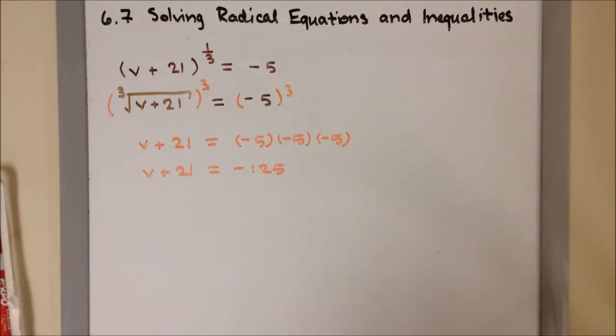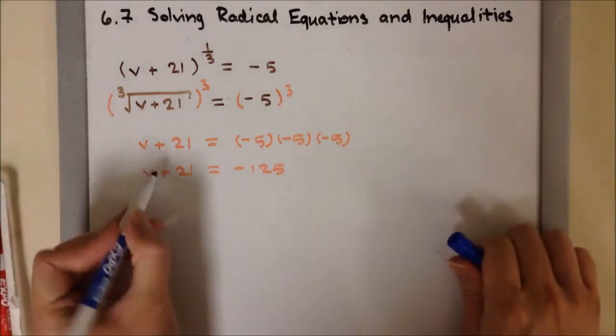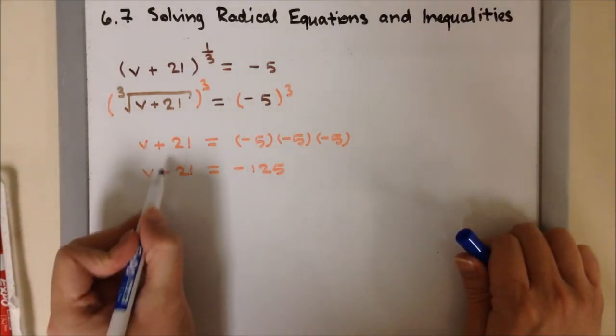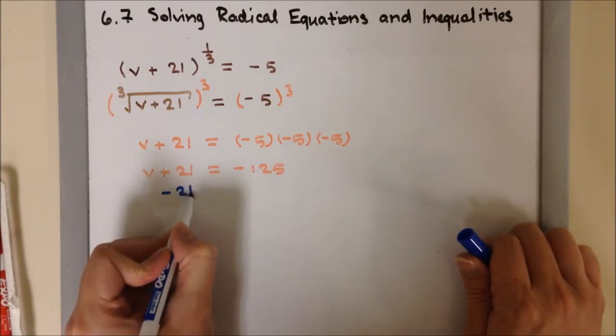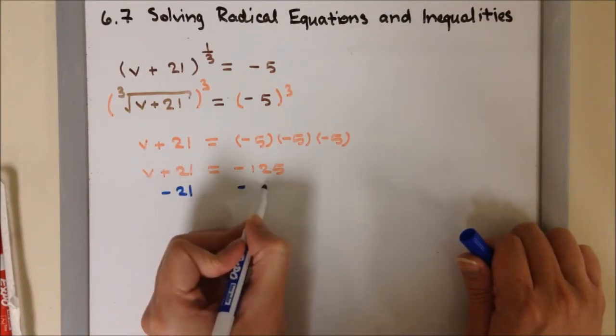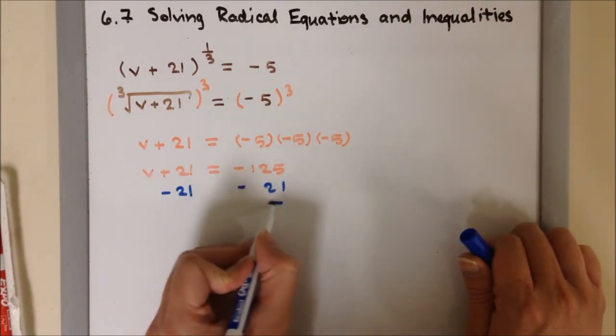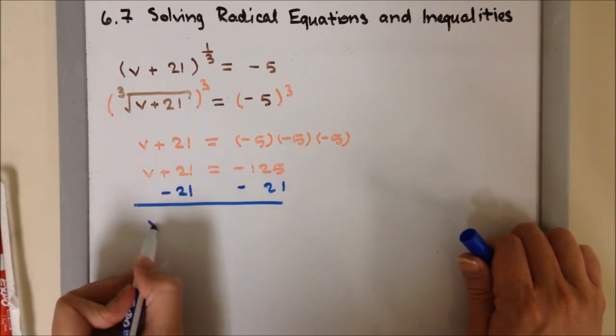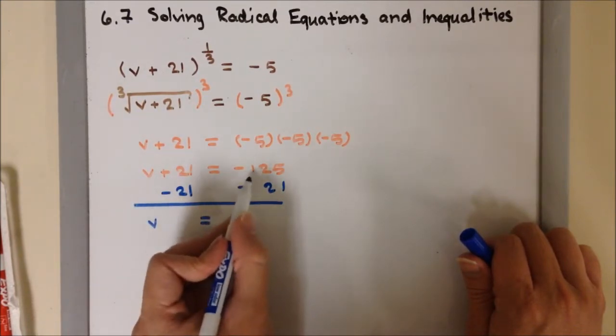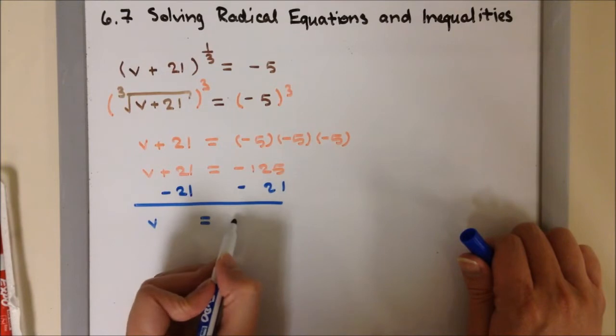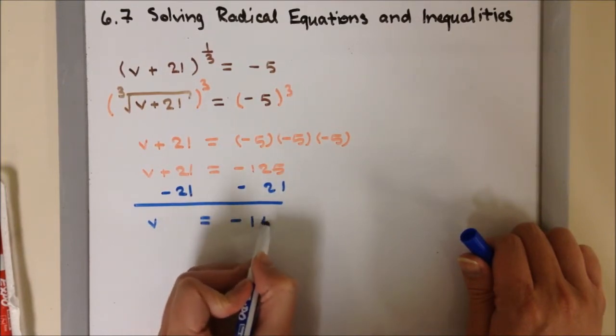After that, we're just going to solve for v just like any regular equation. On the left side, to get v by itself, I'm going to subtract 21 on the left and then subtract 21 on the right. So v equals negative 125 minus 21, which is negative 146.